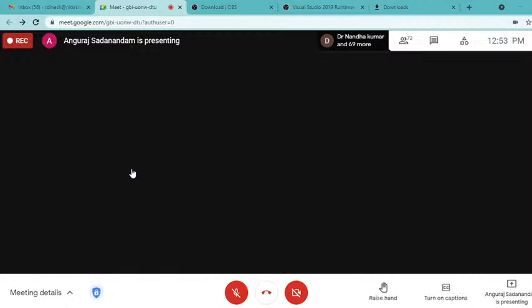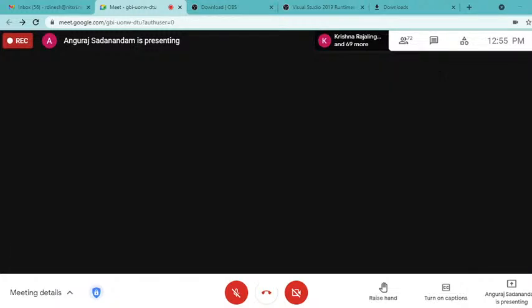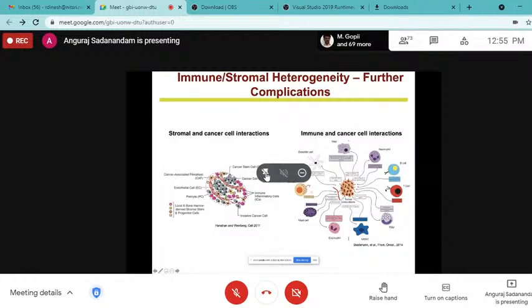Sometimes they fight with each other, meaning some are against cancer and some are for cancer. It doesn't matter, but these are all mutually interacting, and how they interact makes the tumor highly heterogeneous. Most importantly, the immune cells play a role, and they come in different types and flavors, some against the tumor and some for the tumor.